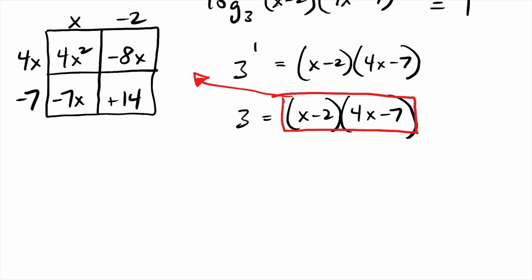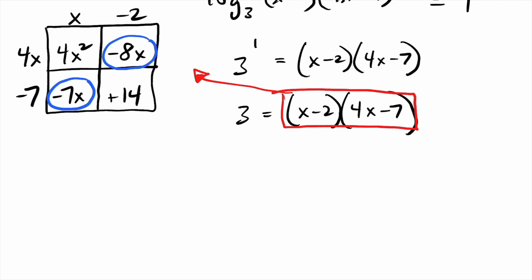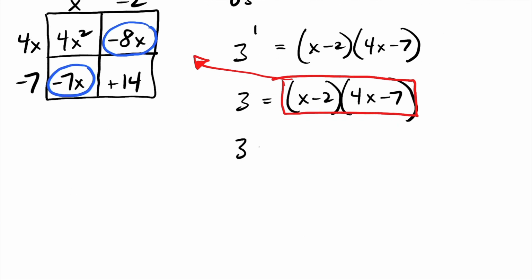Always combine like terms. Okay, so let me move them back. So I got 4x to the second power. Combine 2 like terms, I get negative 15x plus 14. Okay, no more parentheses.